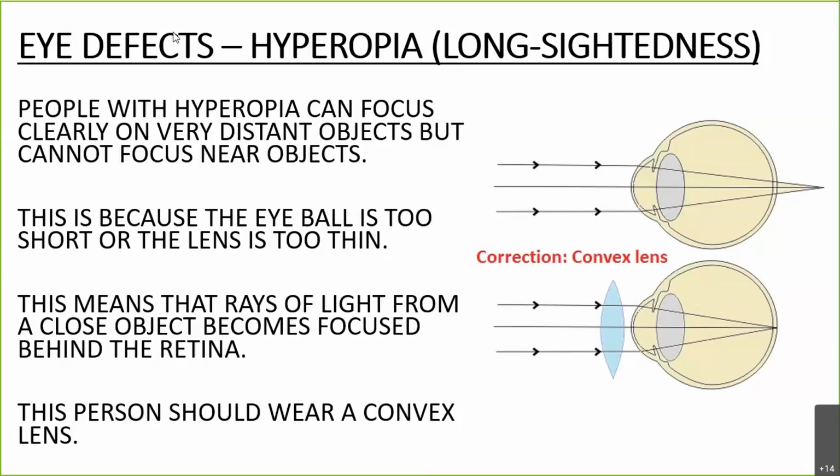The Bahamians like to wear people's glasses. That's not right. You wear the glasses that are made to correct your specific eye defect. So a person who is long-sighted should wear a convex lens. Remember, convex lenses converge light, so they bring it together. It kind of pulls it in.